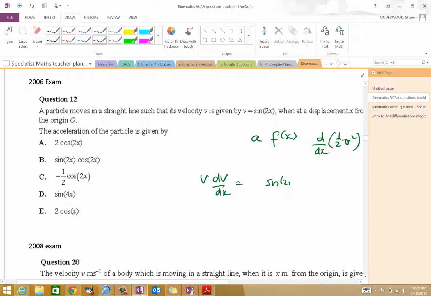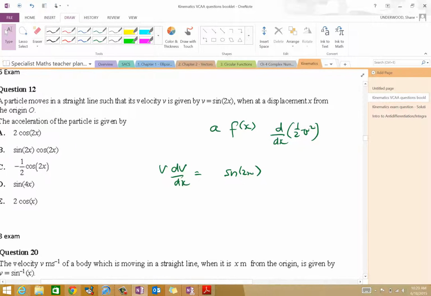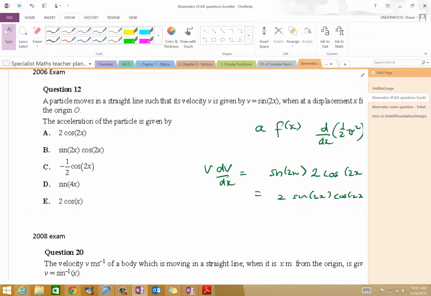It's sine of 2x, and dv/dx, isn't that 2 cos of 2x? Okay, so I've got 2 sine of 2x cos of 2x. Isn't that a double angle formula? Which is sine of? There you go.